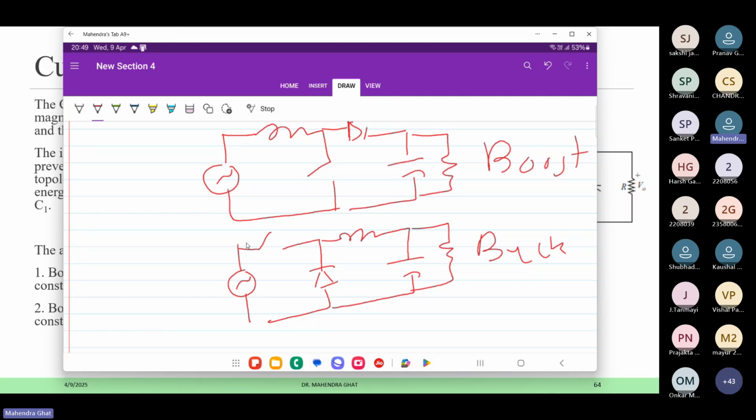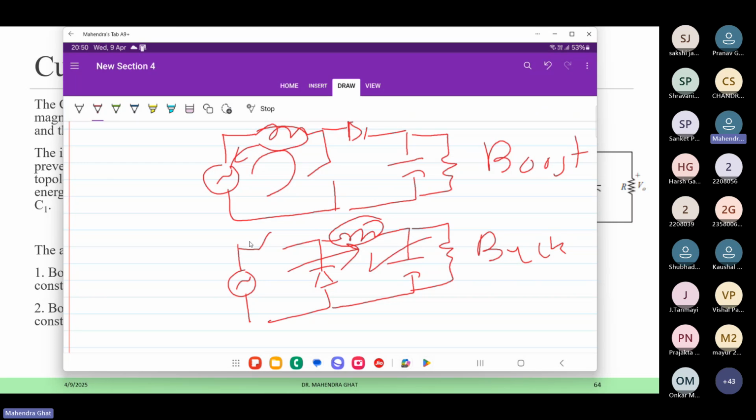What is happening here? If you consider the boost converter, this inductor is present on the input side, and for the buck converter, this inductor is present at the output side. So this inductor is filtering the input for the boost, and this inductor is filtering the output for the buck.